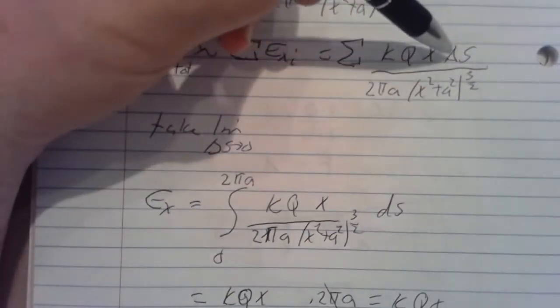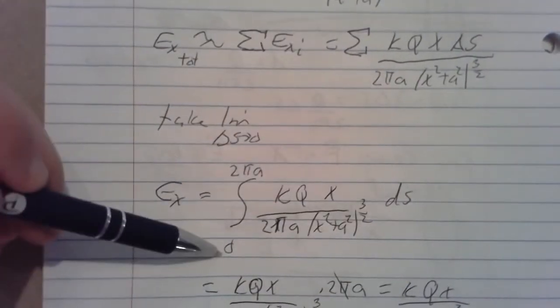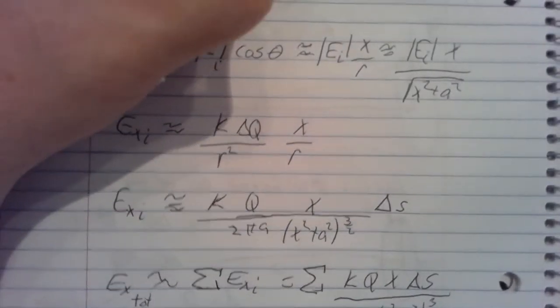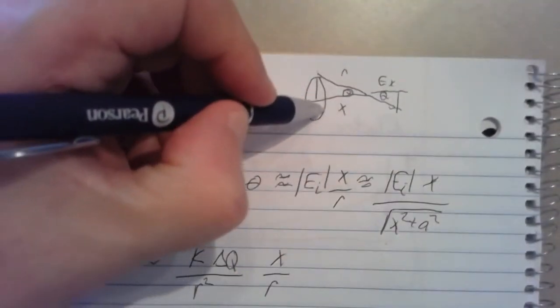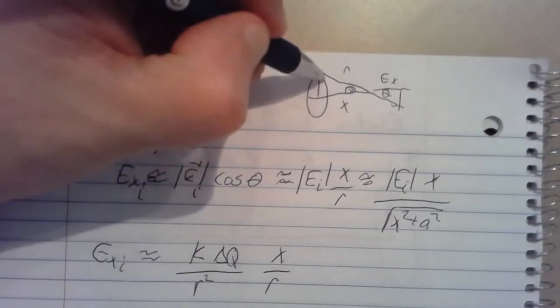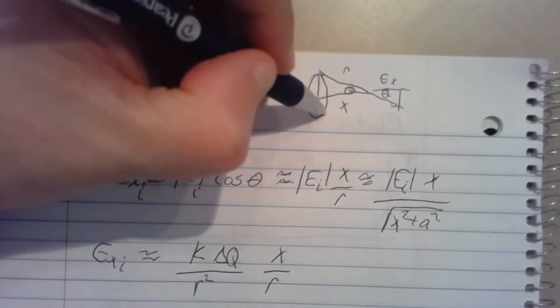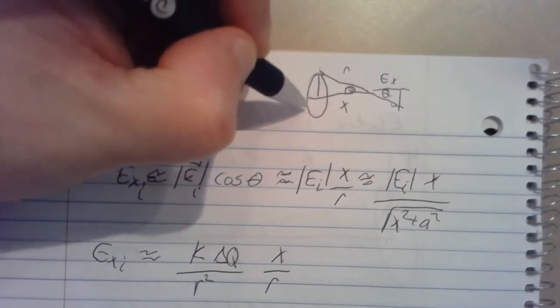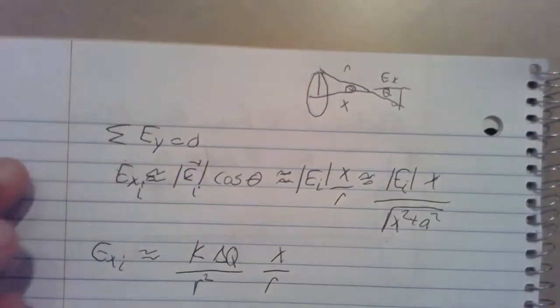Delta s in the limit becomes a ds. And then we put in our limits of integration. So we're integrating around a ring here. So our variable of integration here is s, arc length. And that goes from 0 to the total arc length, the circumference, 2 pi a.